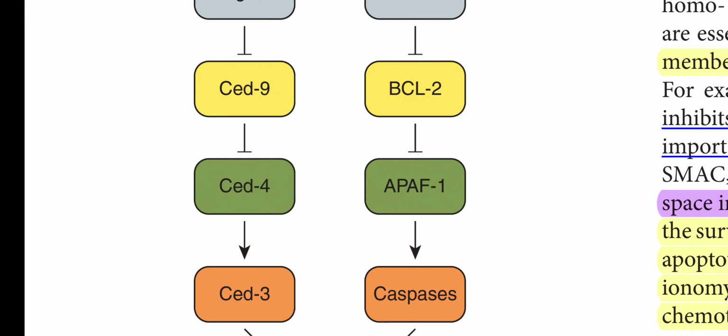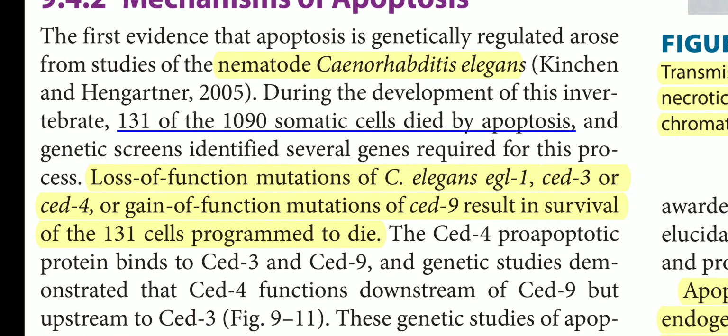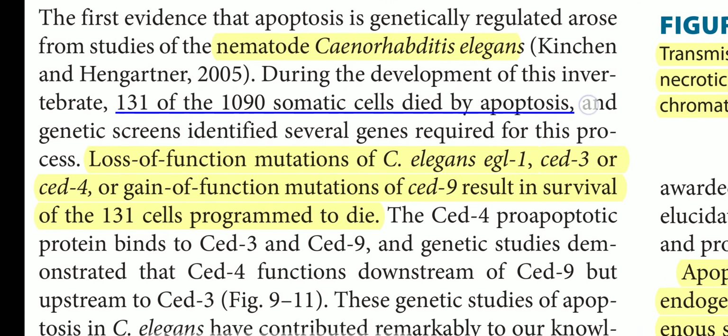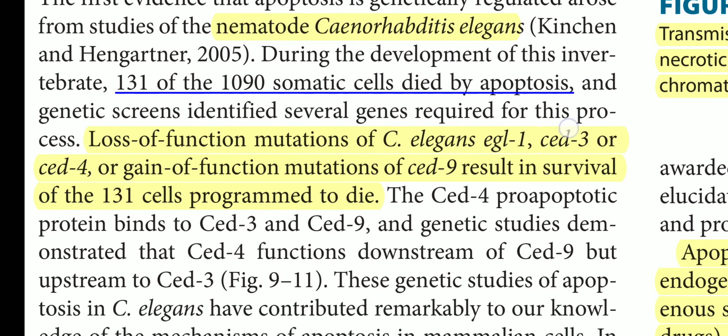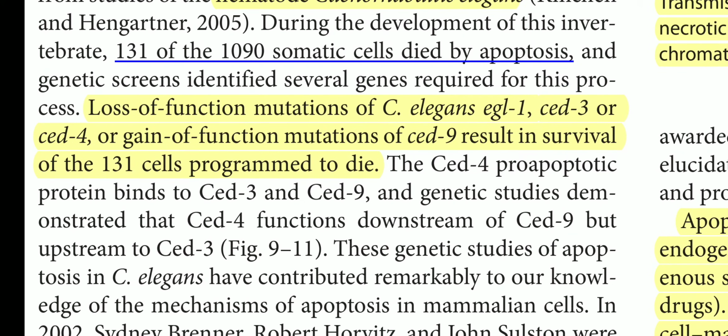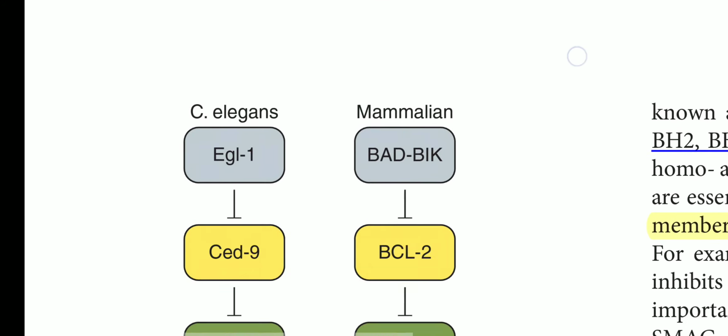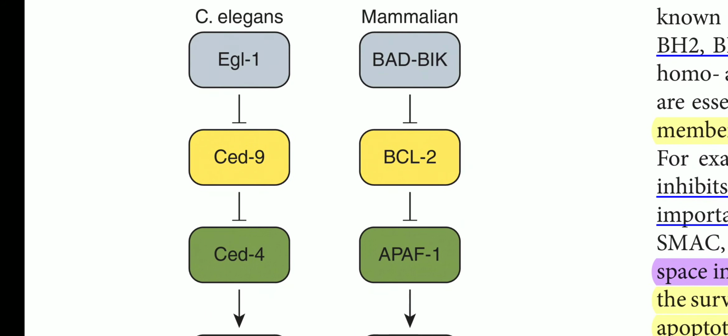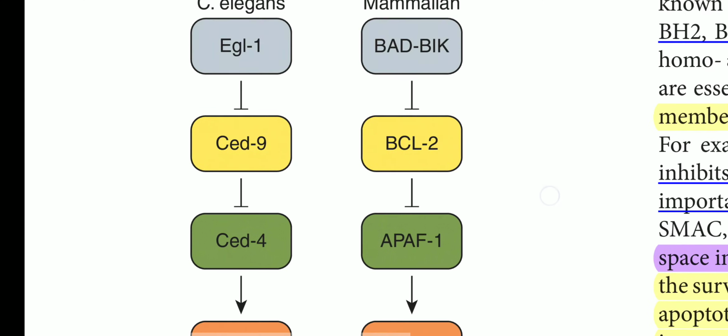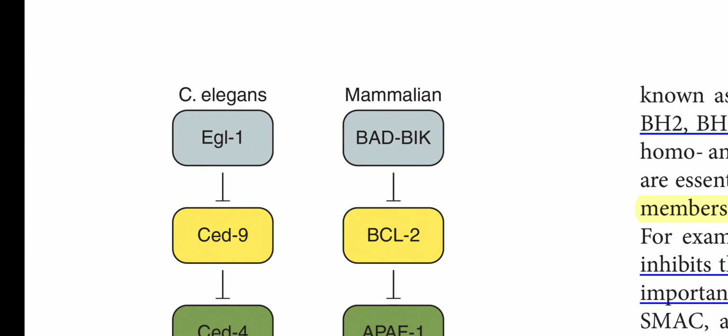But if CED-4 gains its function and is activated, it will cause apoptosis. So all this leads to programmed cell death. Once again: EGL-1, CED-9, CED-4, CED-3.